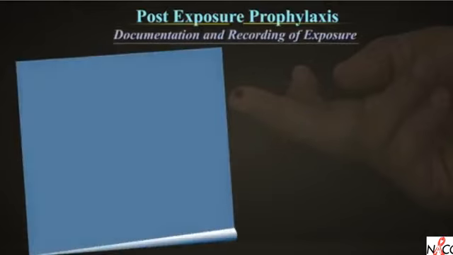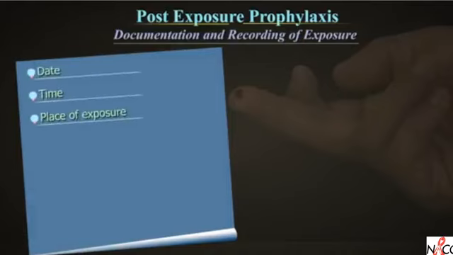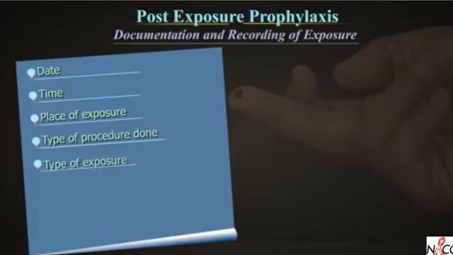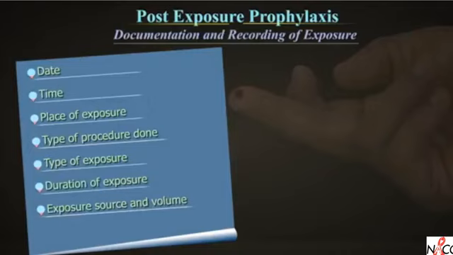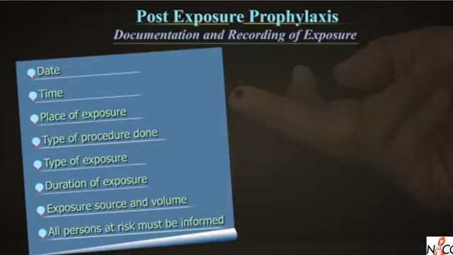The exposure report details should include date, time, and place of exposure, type of procedure done, type of exposure, that is, percutaneous, mucous membrane, etc., duration of exposure, exposure source and volume, and type of specimen involved. All persons at risk must be informed of the importance of immediate exposure reporting to ensure preventive care can be initiated in time to be effective, and to remember that a casual approach leads to casualty.